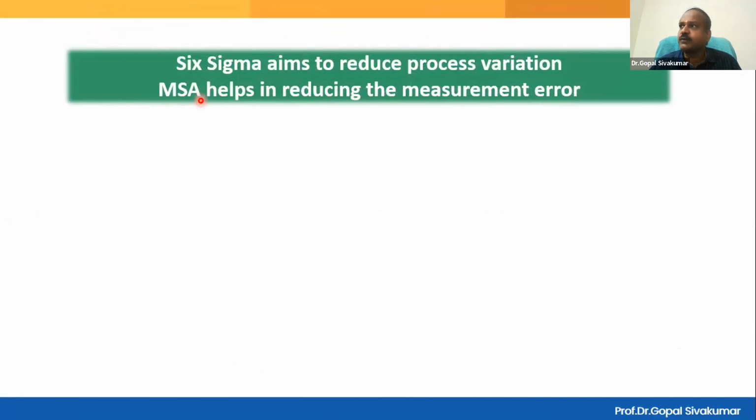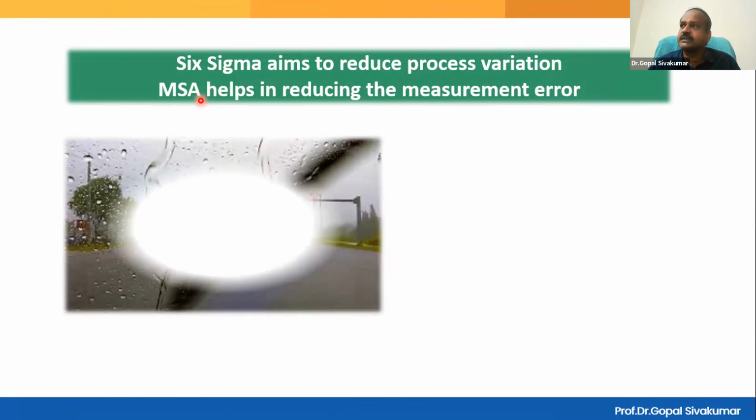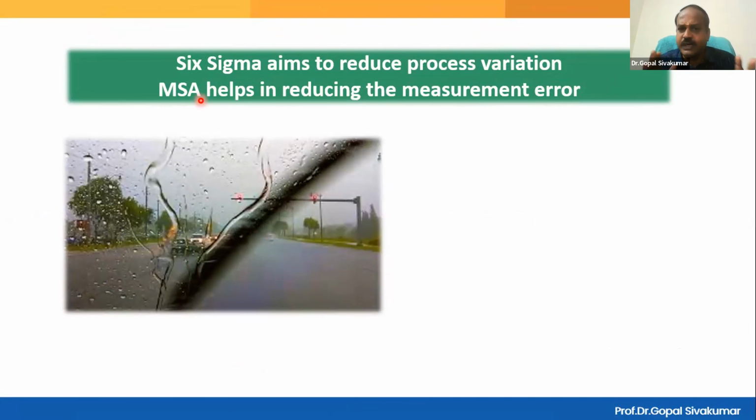What is bias? Okay, before that, we are relying on data, like while driving a car, we are relying on the windshield. The whole journey, we see the road through the windshield. Can you keep the windshield fully dirty? You can't.